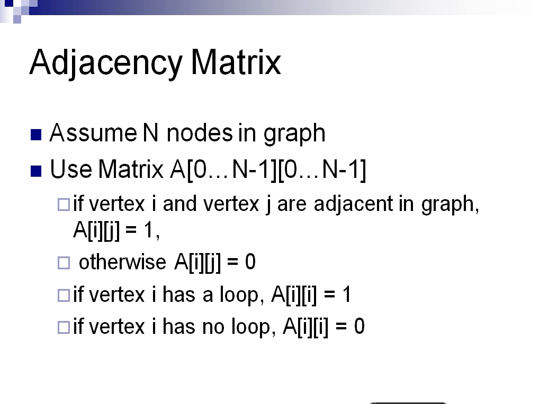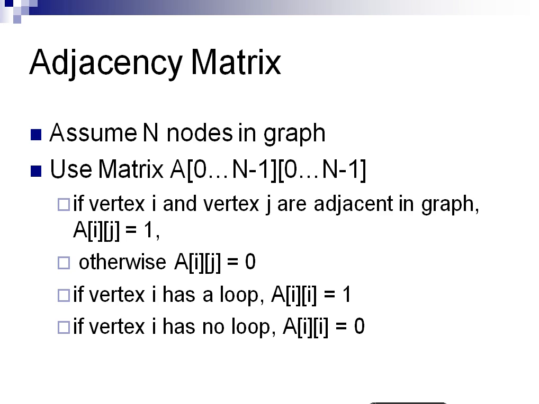We are not specifying the limit here to the number of nodes in a graph. So let us assume n is the number of nodes in a graph. So we use a matrix A ranging from 0 to n minus 1, and it is a two-dimensional matrix.